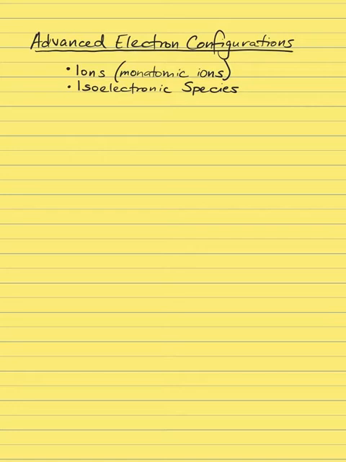Extending electron configurations to ions is a really simple concept. If we form a cation, we are going to remove electrons from the highest energy orbital.